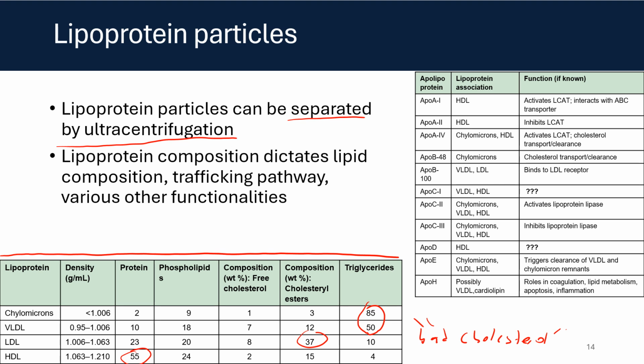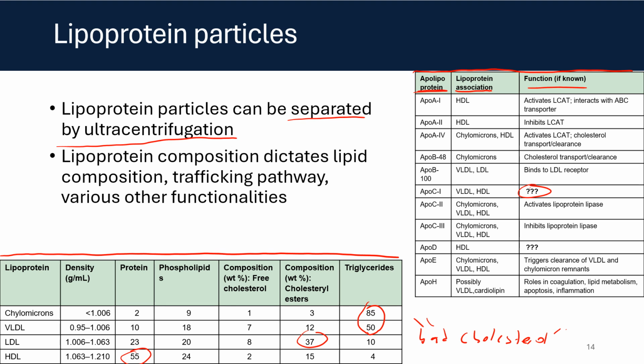In this table over here, we have a list of different types of apolipoproteins and which kinds of lipoprotein particles they are associated with and their functions. Some functions, we really don't know what they do. Some other functions help give the delivery instructions to these lipoprotein particles.